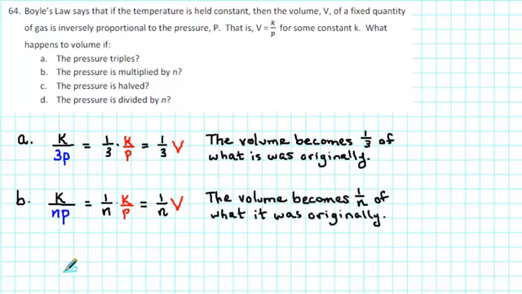For part C, we want to see what happens to the volume if the pressure is halved. To cut something in half, we can divide by 2.